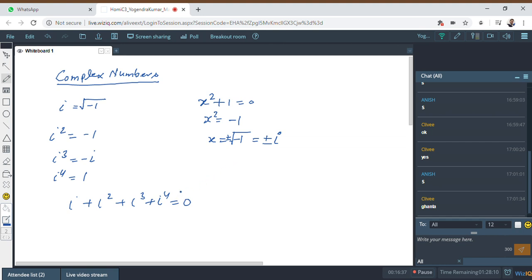Ganta. Okay, i plus i square, so we get 0. So what we can generalize is that the sum of 4 consecutive powers of iota is equals to what? 0, correct?